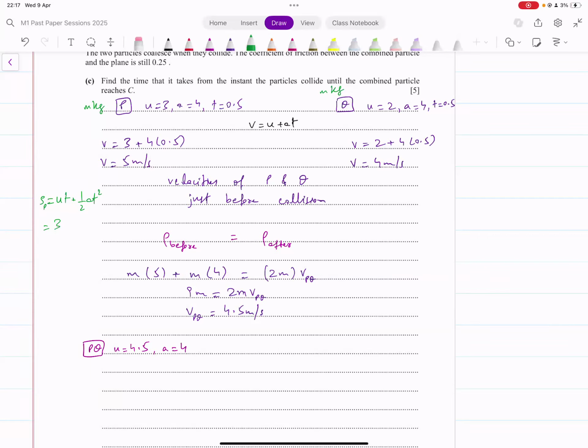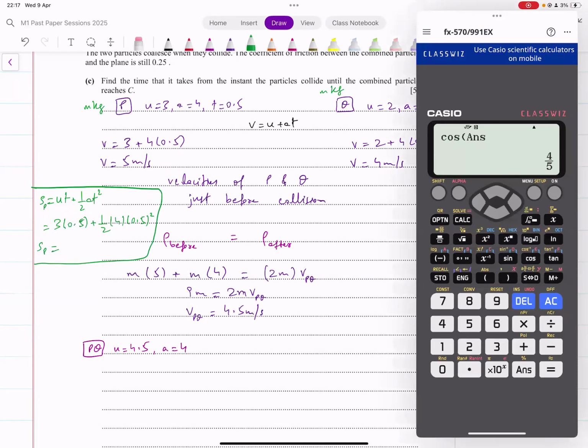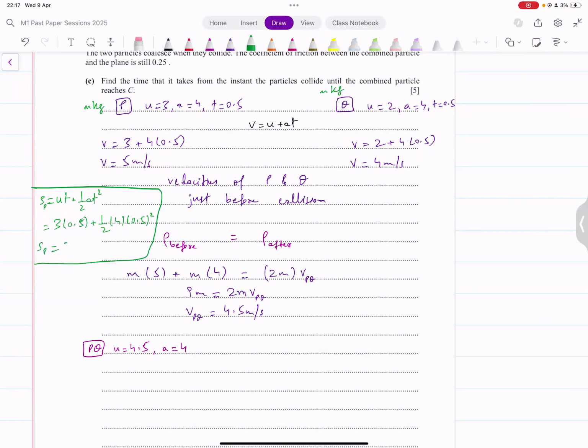U is 3 into 0.5 plus 1 over 2 into A, which is 4, into 0.5 squared. That will give you some value. Can somebody check this? What's this value? 2. Okay, so this displacement turns out to be 2 meters.